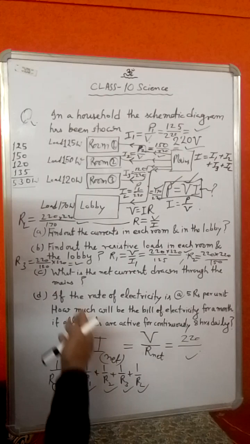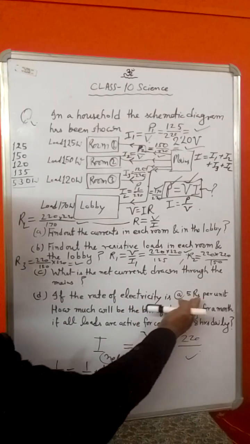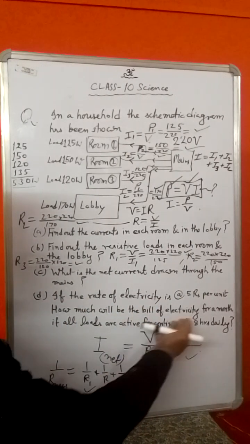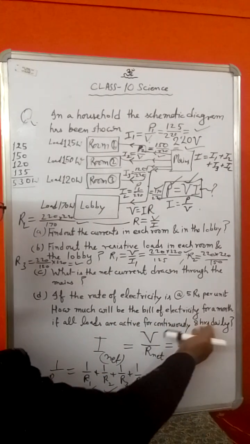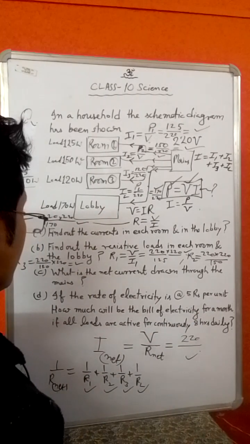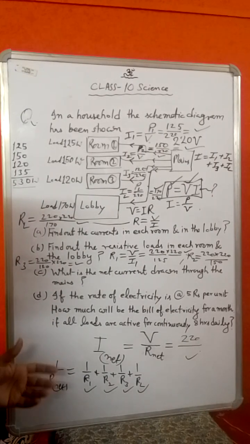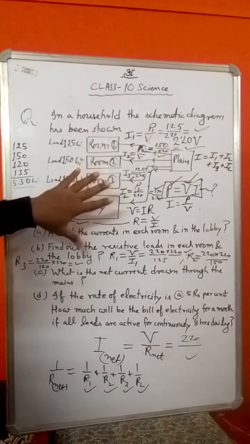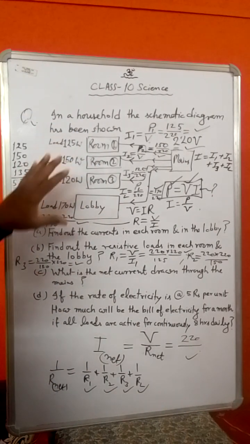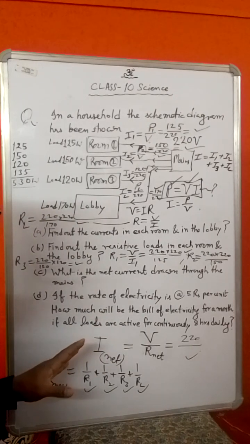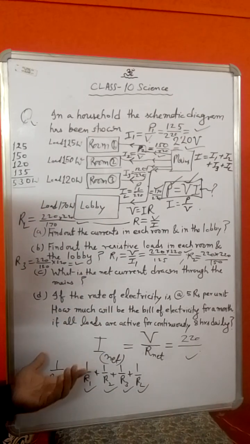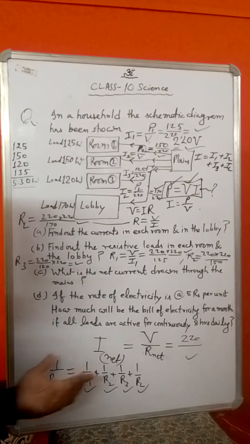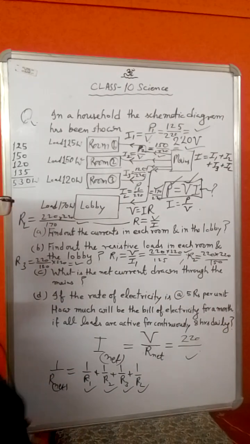Now next part it says that if the rate of electricity is 5 rupees per unit, how much will be the bill of electricity for a month if all loads are active for continuously 8 hours? Means we need to find out the total active load on daily basis, and then we can find out the bill of electricity for the whole month.